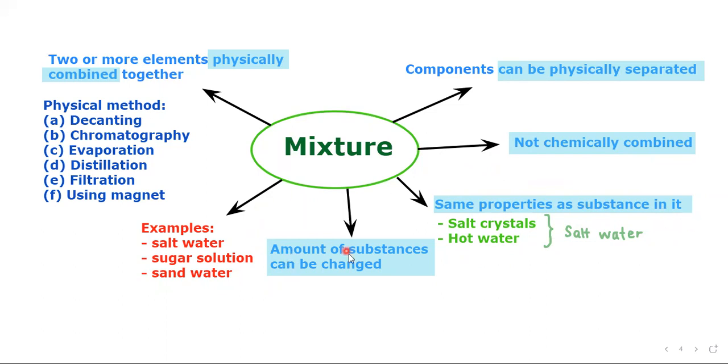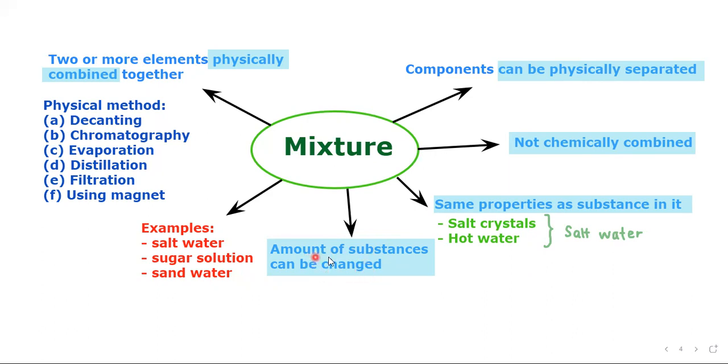Okay. As for the amount of substance, it can be changed. Just now I said however much salt crystal you use to dissolve in however much hot water, you also will get salt water. So the amount, the volume, however much you use, eventually you will still get salt water. This is not related to the amount.